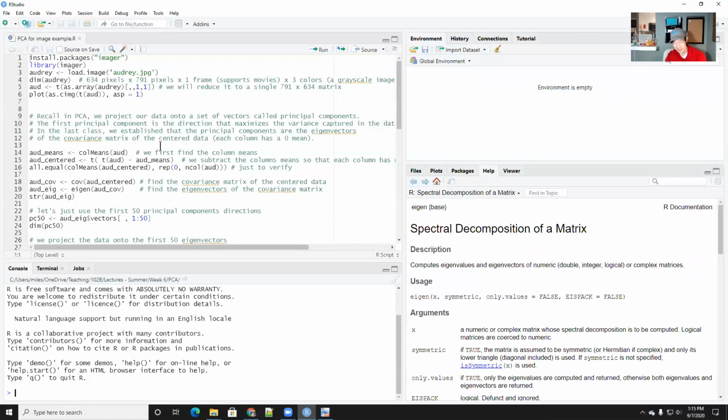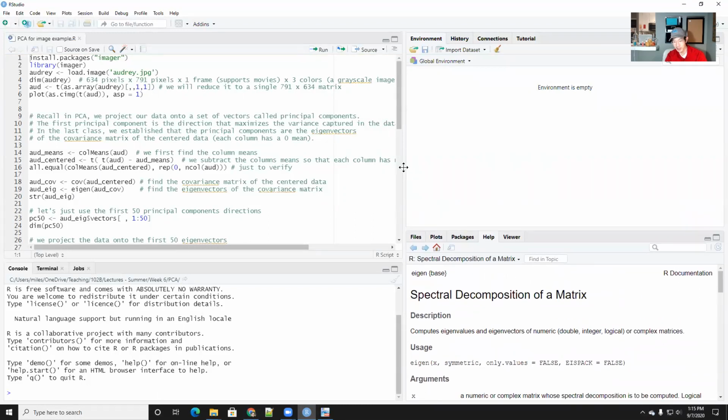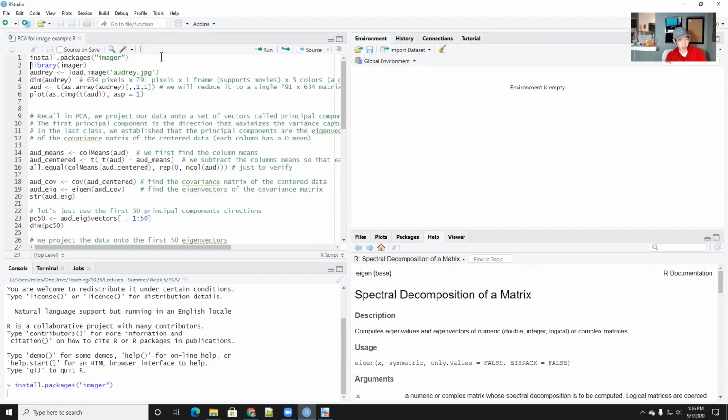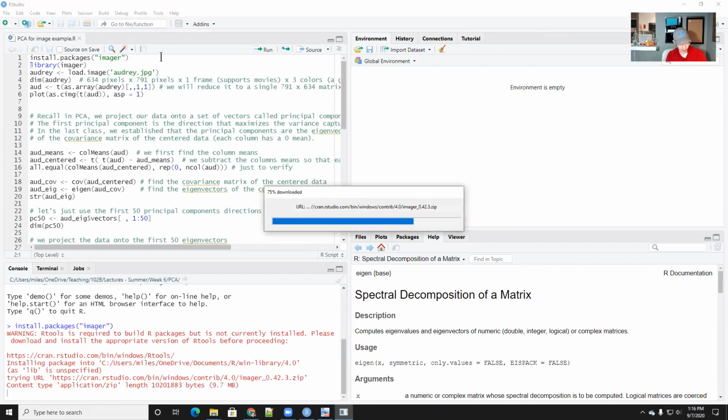This is not something that we do in real life, but it is something to illustrate how this concept of dimension reduction can be applied in different situations. So I'm going to use a package called Imager.